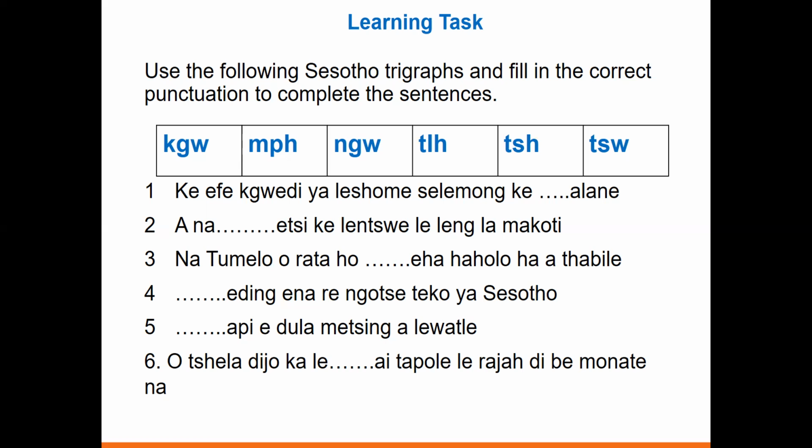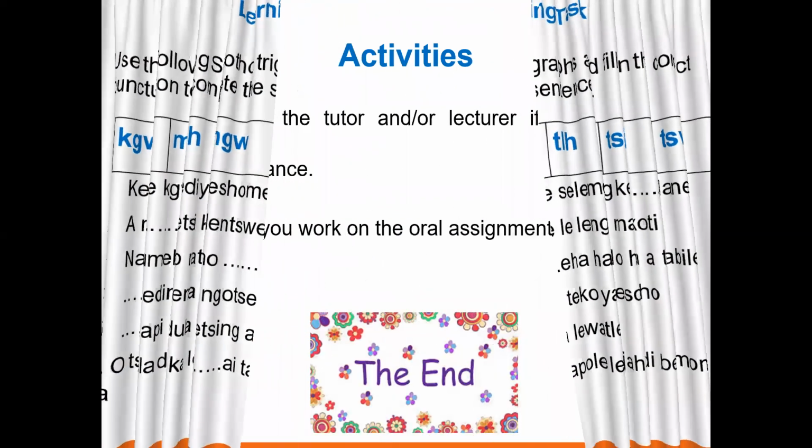O tshela dijo ka le tapole le raja dibe monate. So to make food delicious, you can put potatoes and raja to make them nice. So here you just add the correct, the most suitable Sesotho trigraph in the sentence.